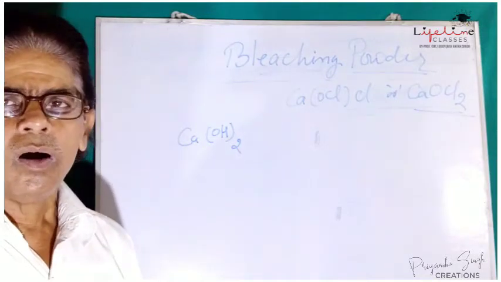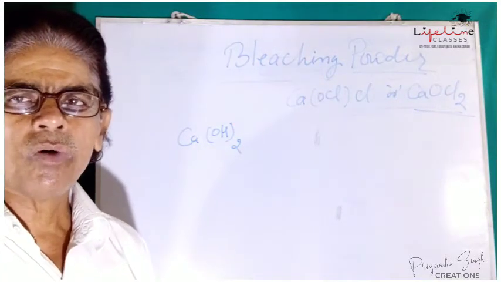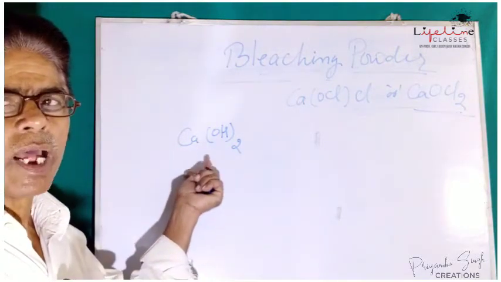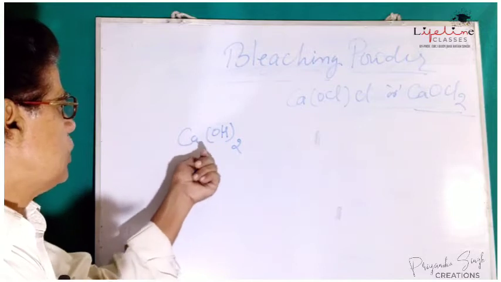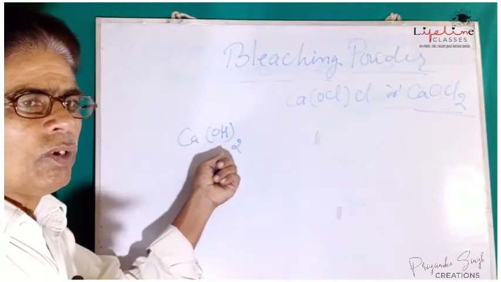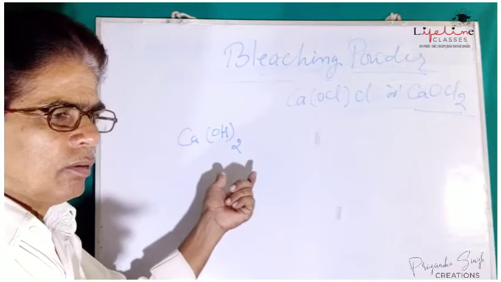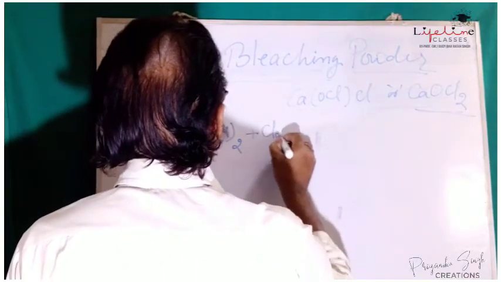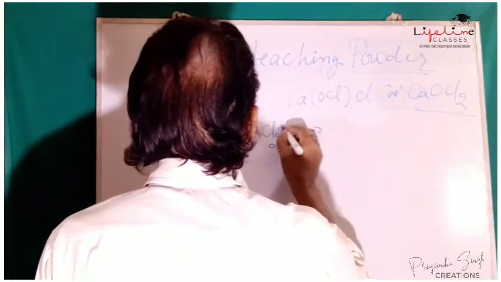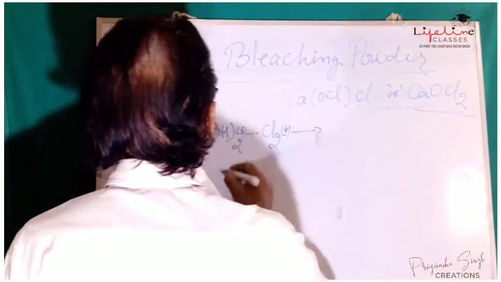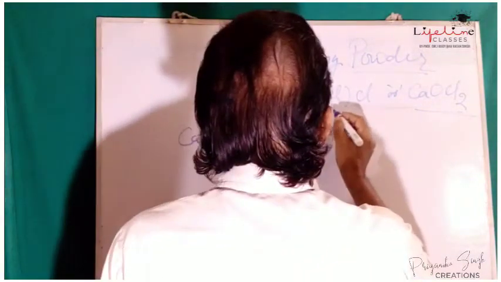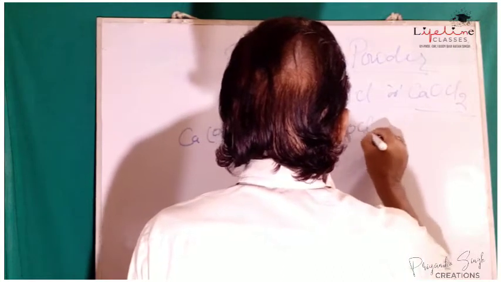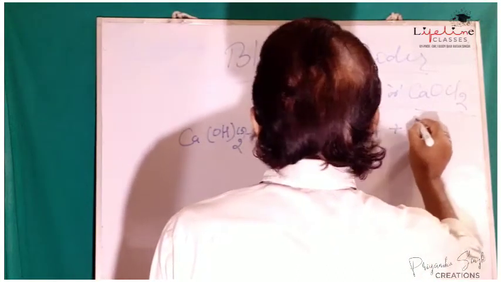Calcium oxide, when treated with water, gives calcium hydroxide, which is commonly known as slaked lime: CaO + H2O → Ca(OH)2. Now, slaked lime Ca(OH)2, which is a moist solid, when it reacts with chlorine gas gives calcium oxychloride, CaOCl2, plus H2O.